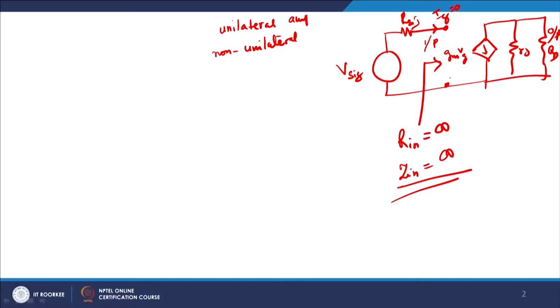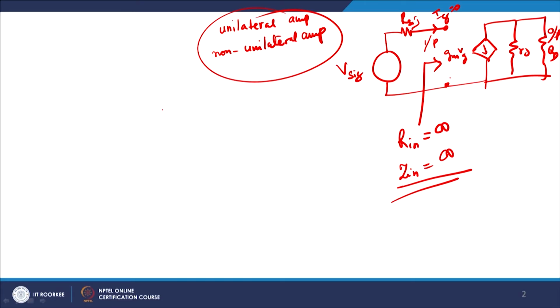If there is a feedback loop, which tells me that if I start loading the output, meaning I increase or decrease the value of your load resistance, then your input impedance also changes, we define that to be a non unilateral amplifier.